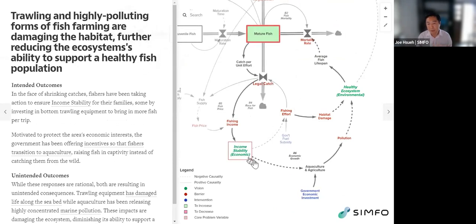Same thing with agriculture: unsustainable agricultural practices create pollution, which lowers the healthy ecosystem. This feeds back to the very problem, because when you have a polluted, damaged ecosystem, it reduces the lifespan of the fish, right? So the natural outflow rate increases, and fish drain out faster. So we now have to see how the economic behavior is related to the environmental behavior and well-being.